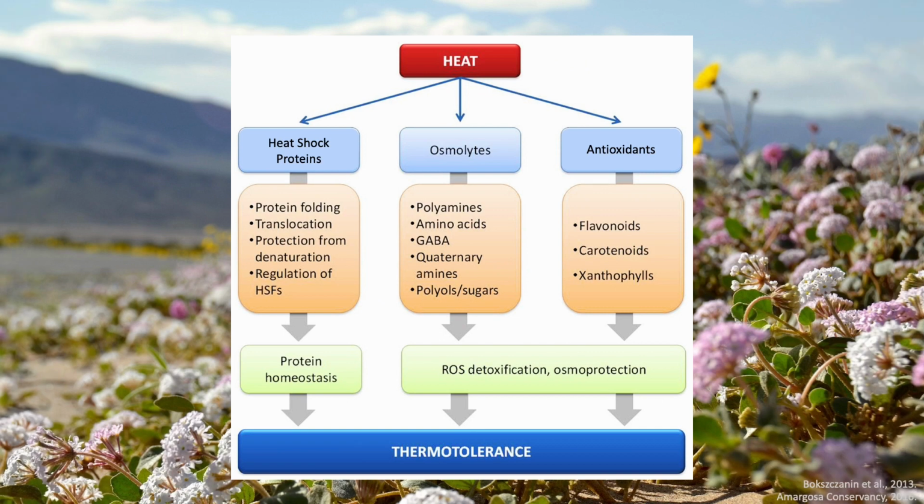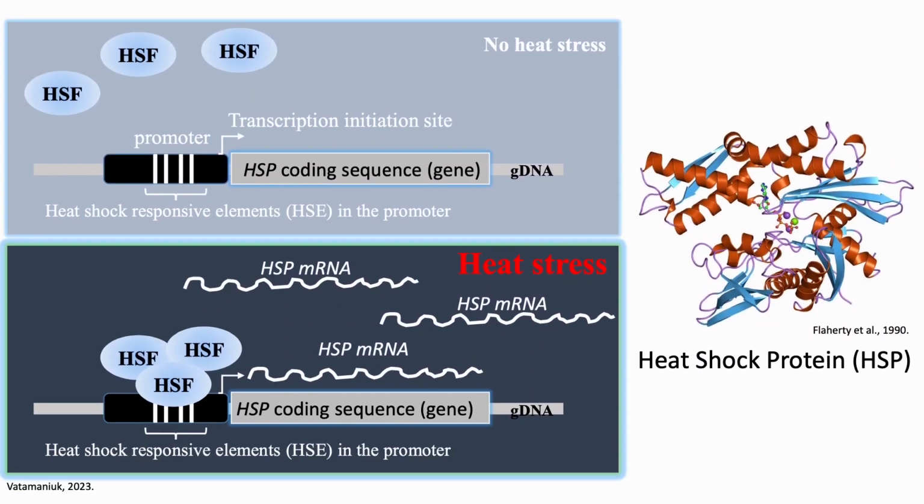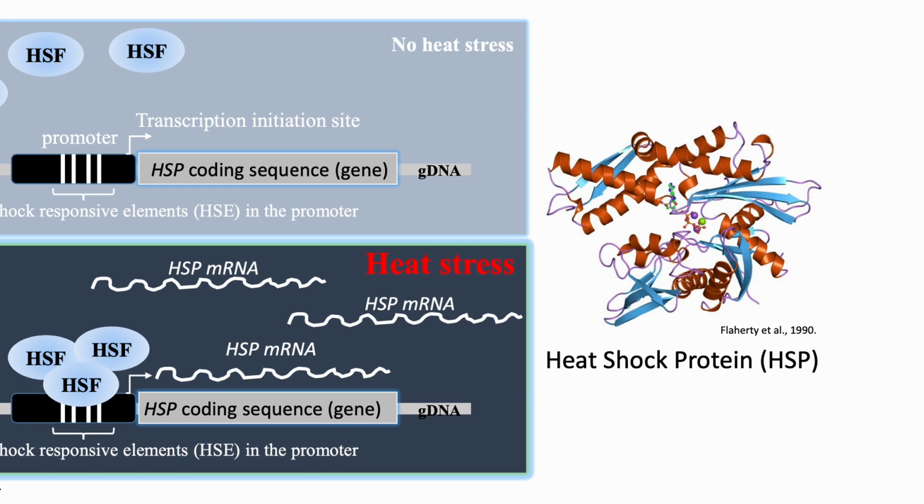Beyond photosynthetic adaptations, plants have developed molecular heat stress responses that improve their overall heat tolerance. When plants experience heat stress, cis-acting heat shock elements will recruit trans-acting heat shock transcription factors to generate heat shock protein mRNA, single-stranded RNA instructions for the synthesis of heat shock proteins.